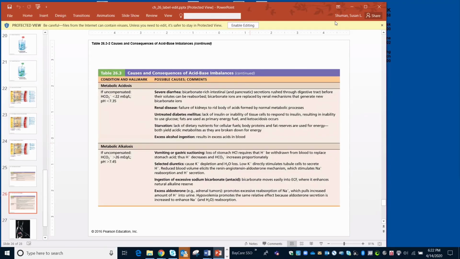And bicarb is 16. Okay. So tell me, pH of 7.36, high, low, or normal? Normal. But is it on the acid side or the alkaline side of normal? Acid side. So I put a little parentheses acid to the side.